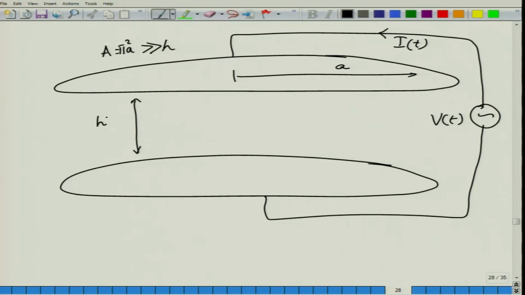I have shown you a weird geometry, but you have to imagine nice circular plates separated by a very short distance h.